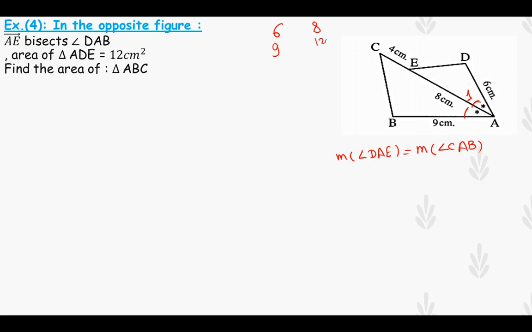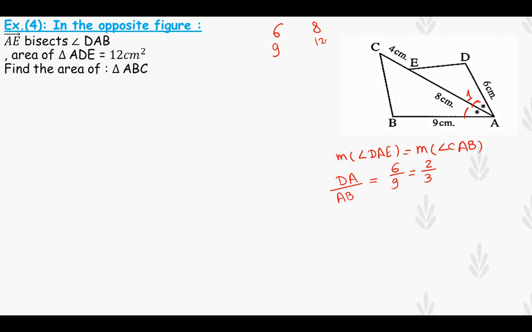Now you can find the ratio. Here we will find DA, the first side in the first triangle, over 9, which is AB, the second side in the second triangle. It will be 6 over 9. Put it in the simplest form, divided by 3, it equals 2 over 3.